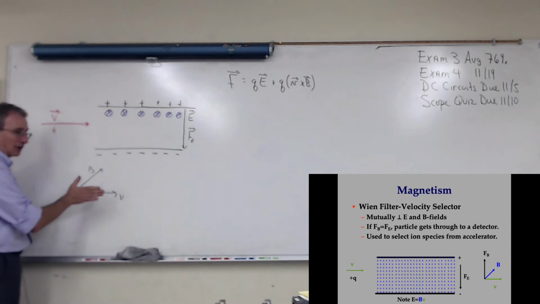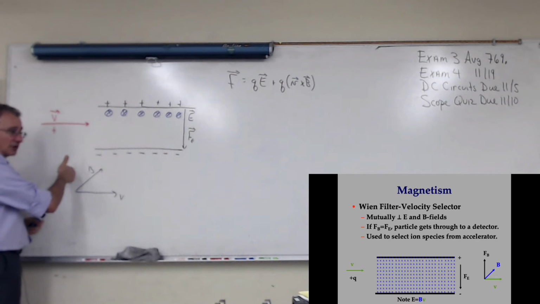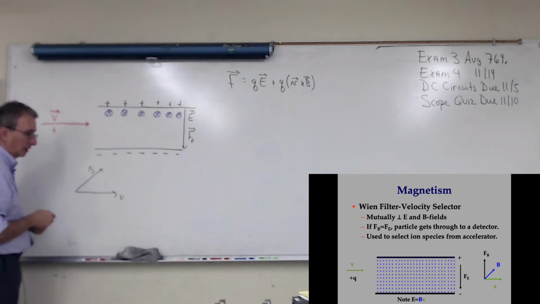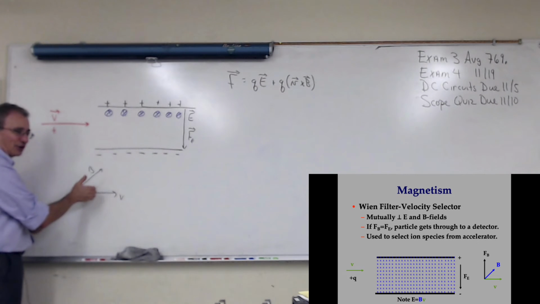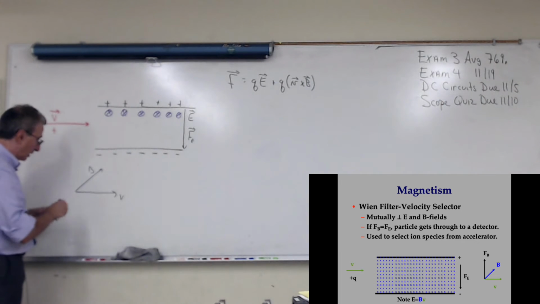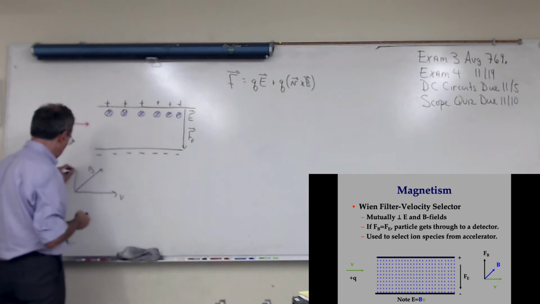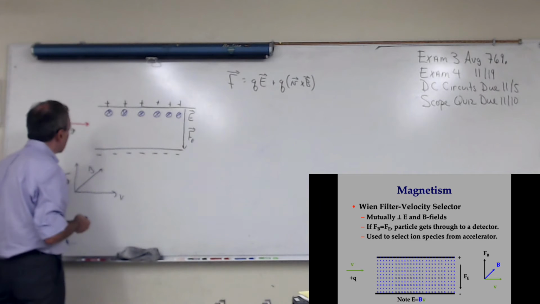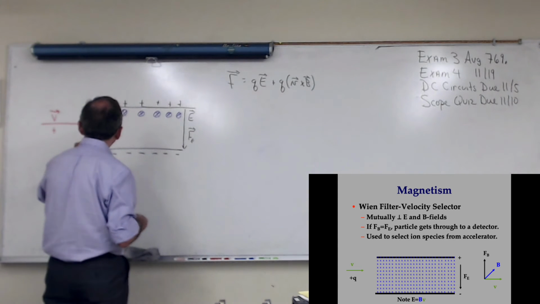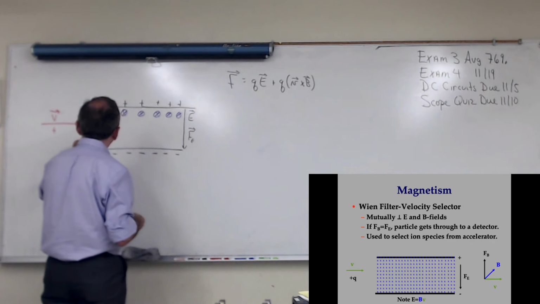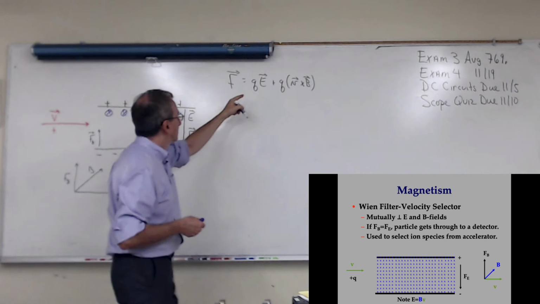Point my fingers in the direction of V, curl them towards the magnetic field, my thumb points upward. So the magnetic force is upward. So these are in opposite directions.